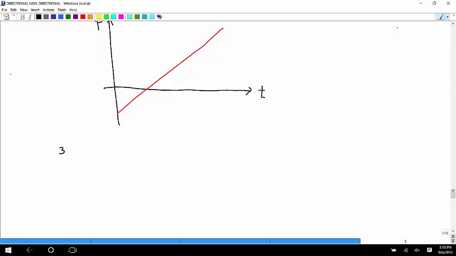Third, in one dimension, which is what we're dealing with right now, a non-zero acceleration can only mean two things.